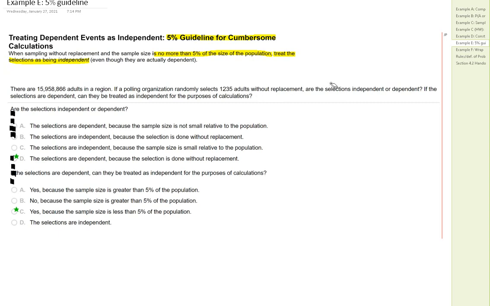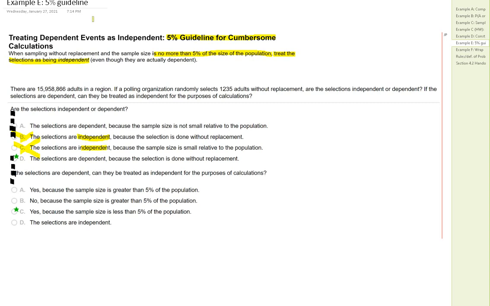Yeah, they're dependent automatically. Now, let's read a couple problems down here. Are the selections independent or dependent? They're dependent, so we can get rid of a couple of these possibilities. It's not going to be B, it's not going to be C, because both of these have the conclusion that they're independent.